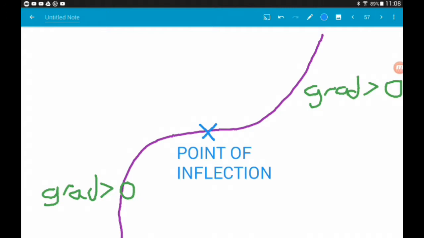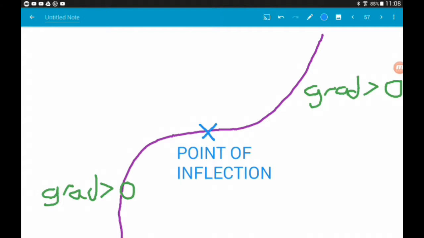Now a point of inflection is one where the gradient to the left of the stationary point is the same sort of gradient as the gradient to the right of the stationary point. So with my example here, on the left and right, the gradient of the curve is positive. What's happened? Coming up on the left, the gradient is positive, but it's decreasing.